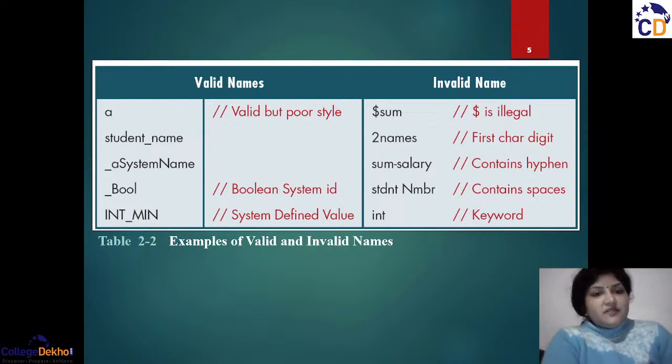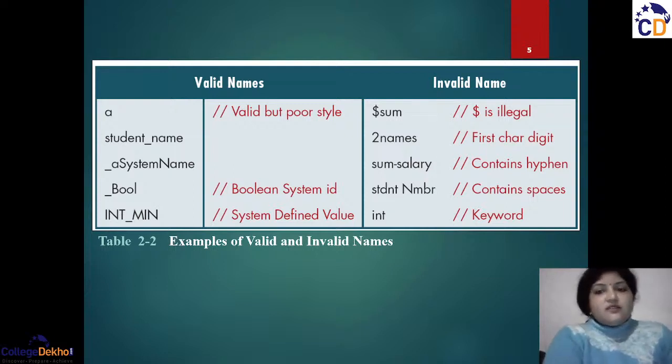We have seen valid names and how we define identifiers. Let us talk about invalid identifiers. The first symbol you have used is dollar, as in dollar sum. We cannot use special characters while defining identifiers. This is illegal and it is going to give you an error. The first character should be underscore or alphabet, so if it is a number, it gives you an error.